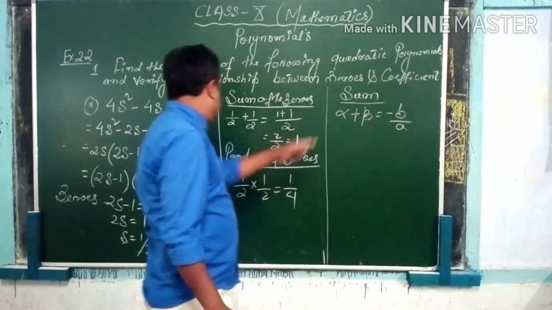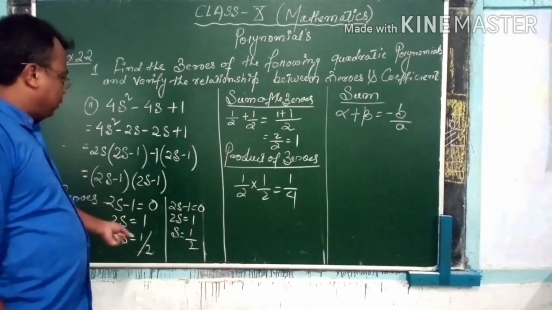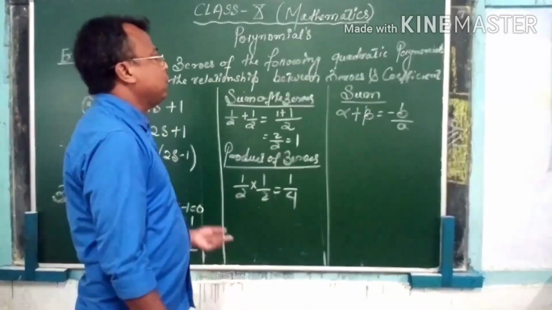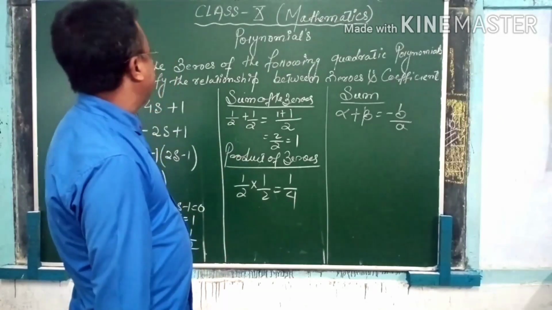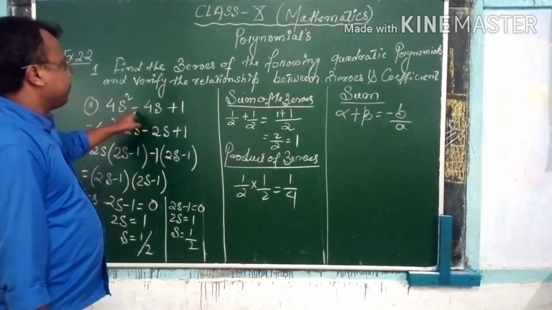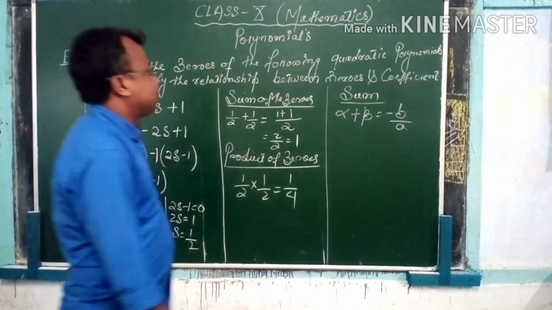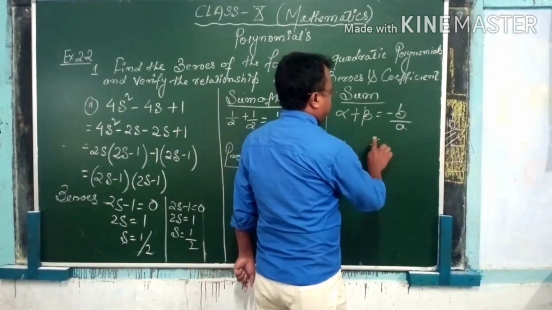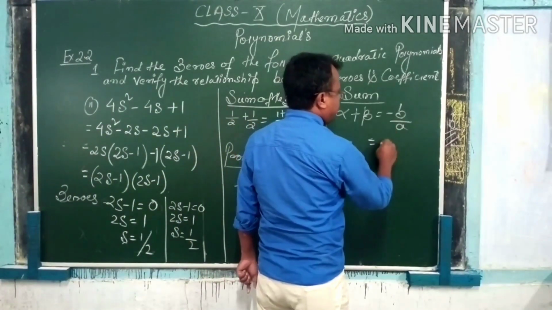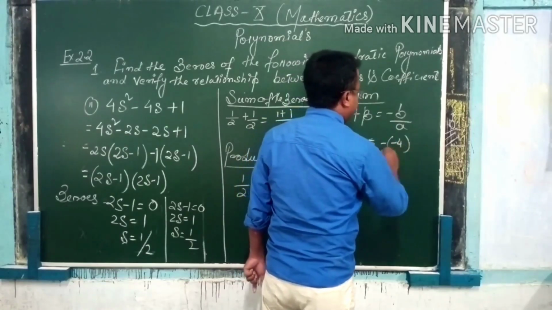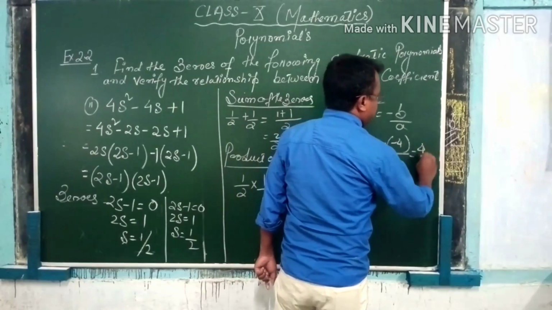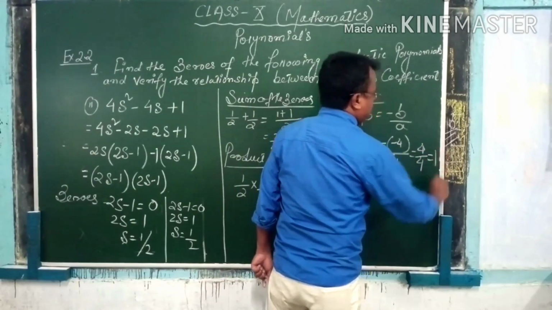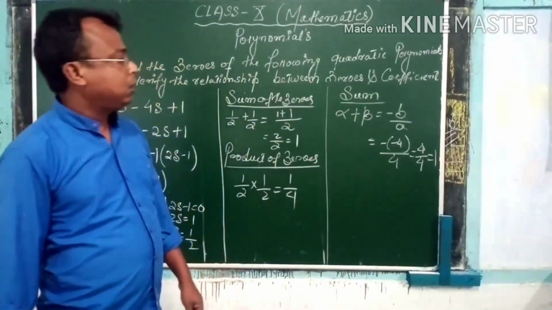Alpha is this one, beta is this one. Without doing the calculation, we can find it now. What is b here? Minus 4, so minus of minus 4, and a is 4. So it is 4 by 4, which is 1. So the sum we got is 1.